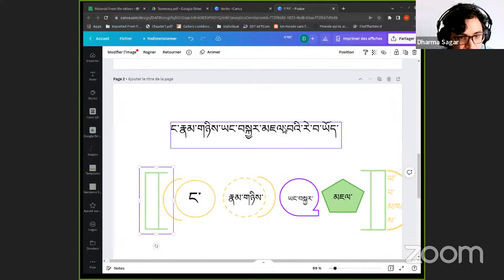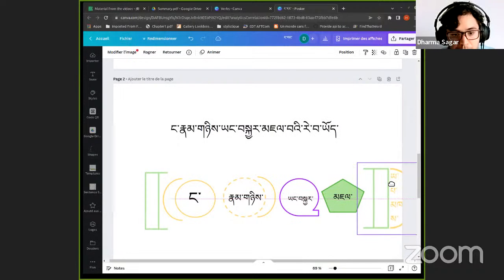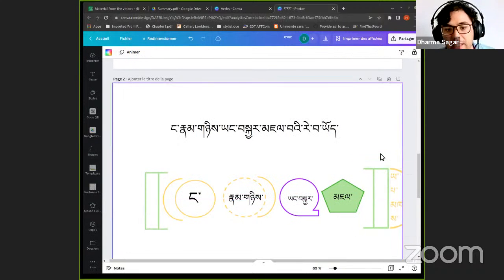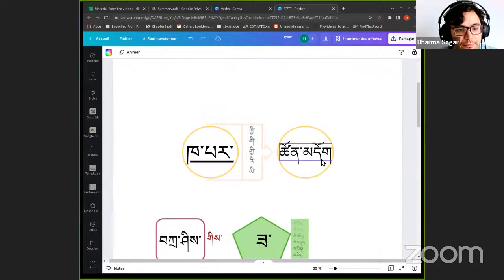Because actually here, what the person wants to say is that I have the hope that we'll meet again, right? And so if you want to do that, in Tibetan you do not have relatives like who, that, etc. So the mechanism that Tibetan uses is actually the same as this one here.